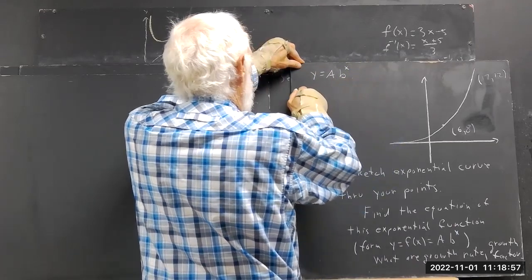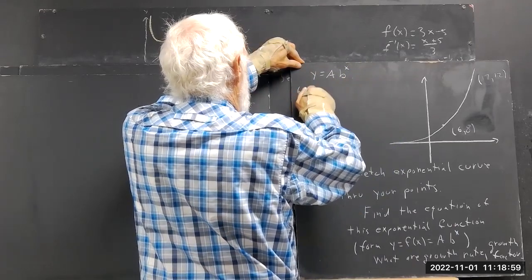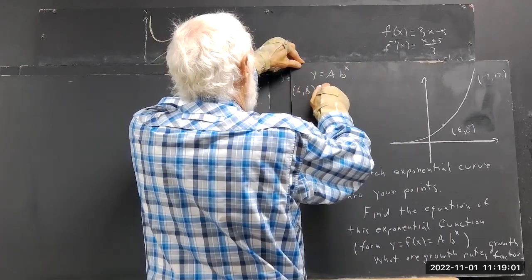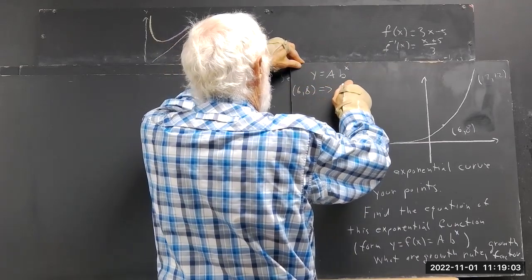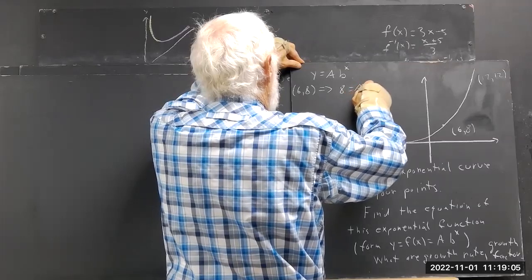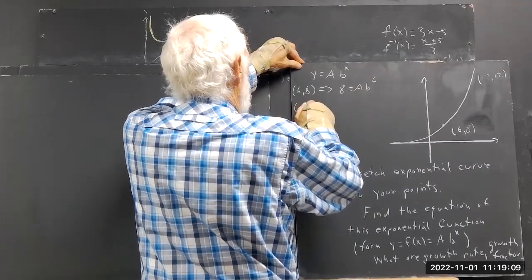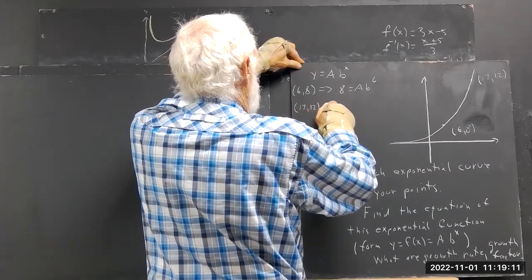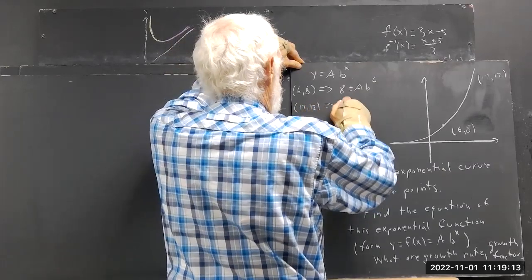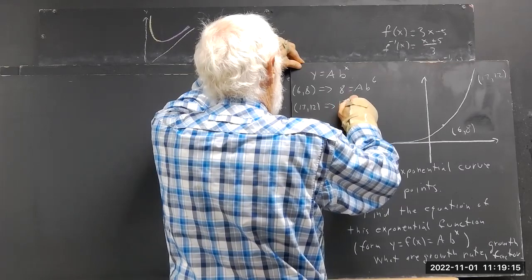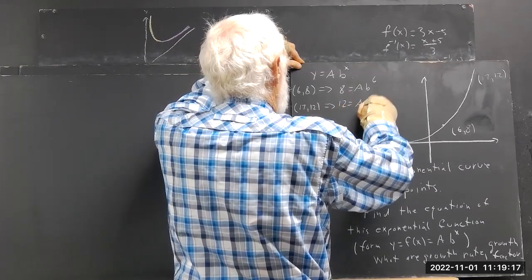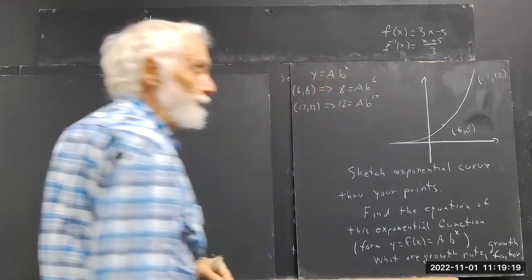Well, the point 6, 8 implies that 8 equals ab to the 6th power. And the point 17, 12 implies that 12 equals ab to the 17th power.